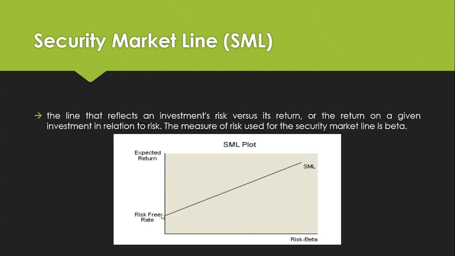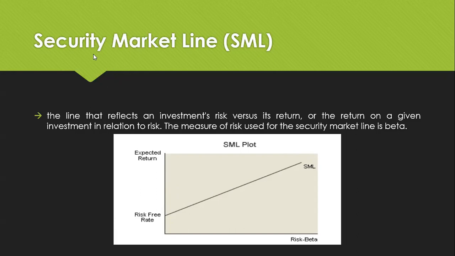Now recall your formula for the real risk-free rate, where we factor in inflation. The real risk-free rate is equal to 1 plus the nominal risk-free rate over 1 plus the inflation rate, minus 1. So inflation is factored in there. Therefore, if there is a change in inflation in our country, the rate will either move upwards or downwards, so there will be a shift in our security market line.